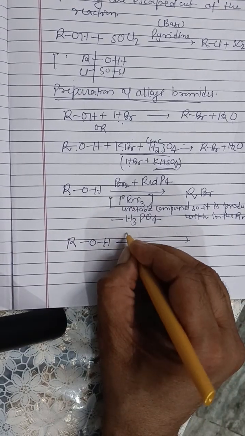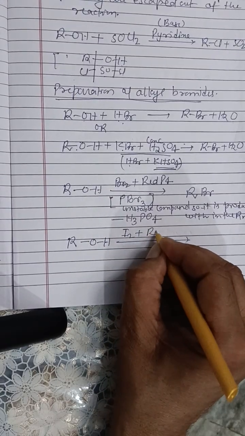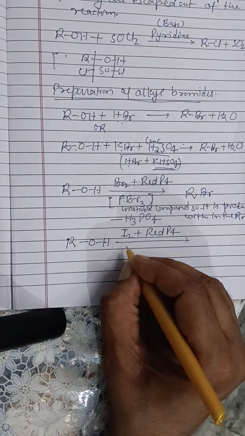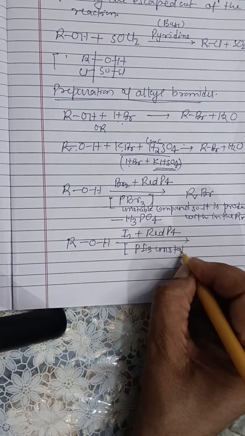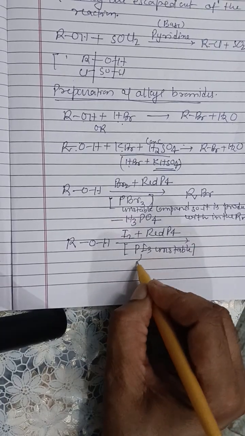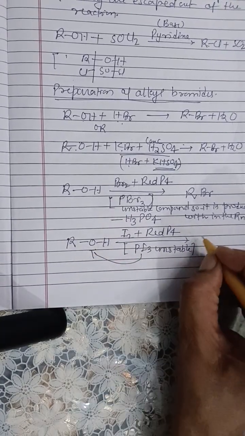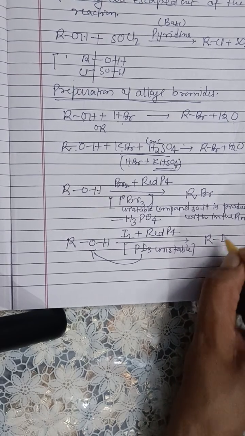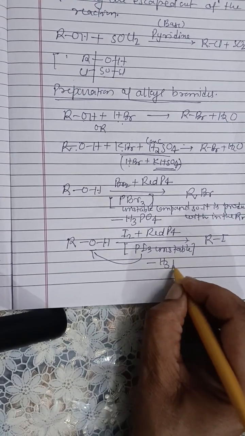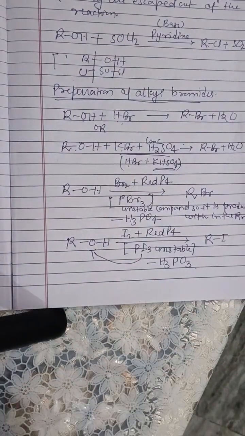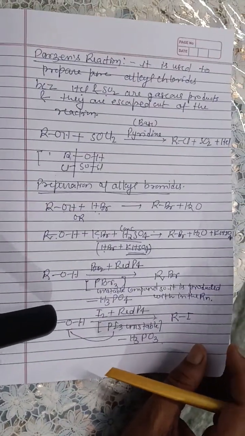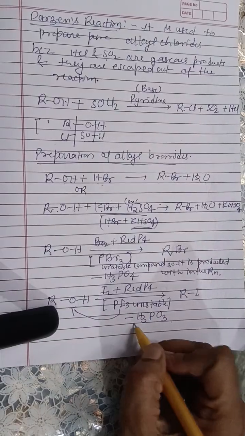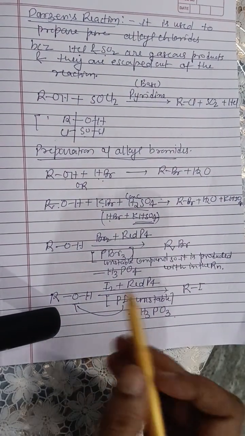Next, we will prepare alkyl iodide from alcohol. Similarly, I2 and red phosphorus will combine to form PI3 as an unstable substance, which will combine with alcohol to form RI, and H3PO3 will be removed as the byproduct of the reaction.